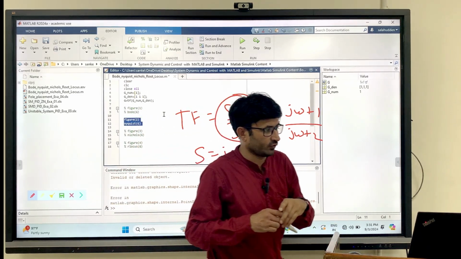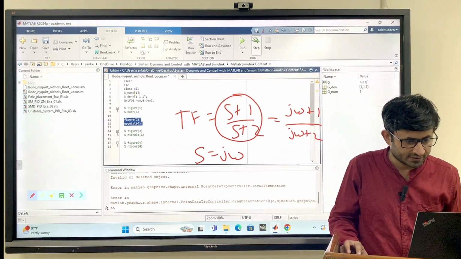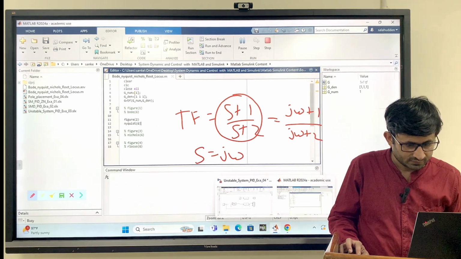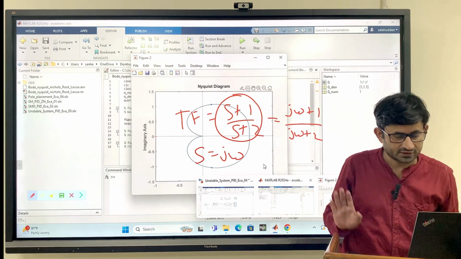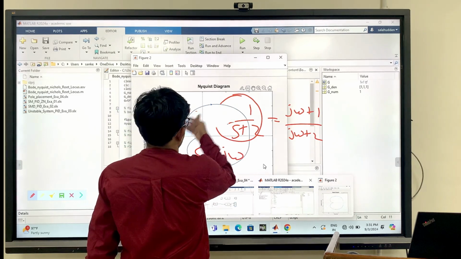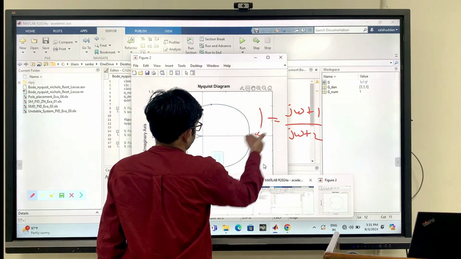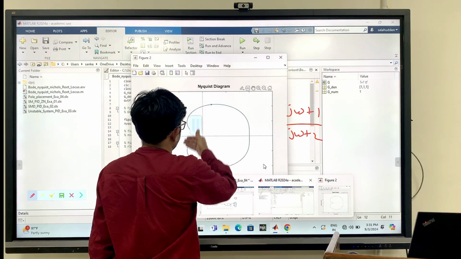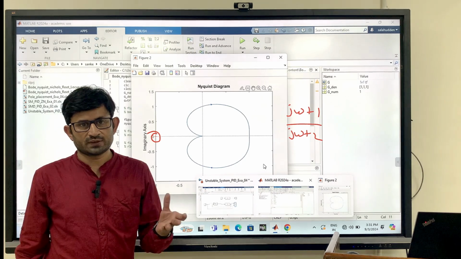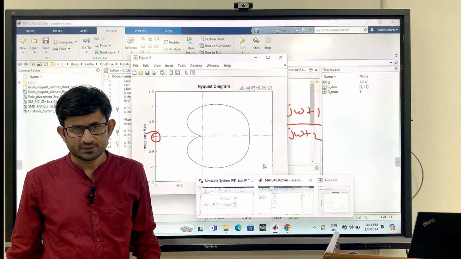For example, do you remember we plotted the spring mass system Nyquist plot, and it was coming like this, right? So what is this point? It is -1, right? You should never hit this -1 point.